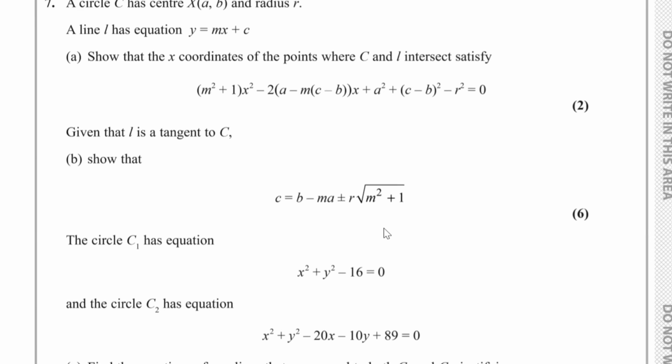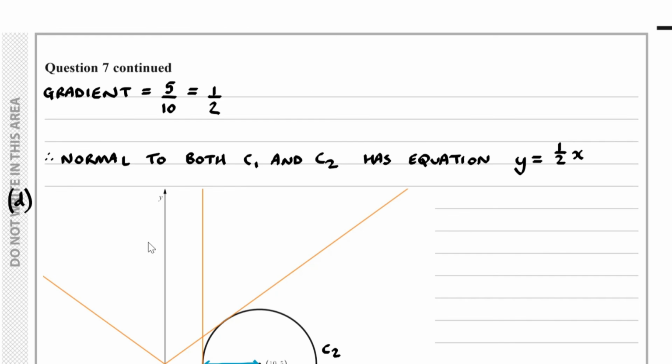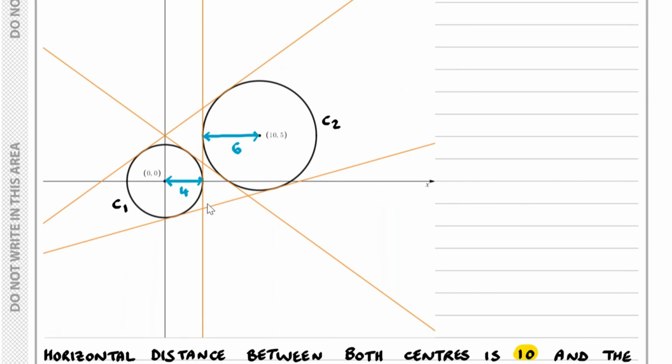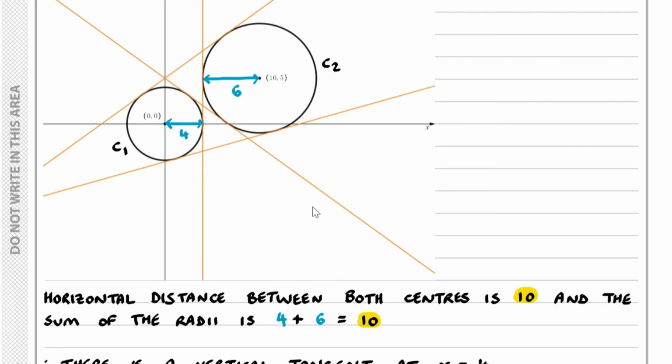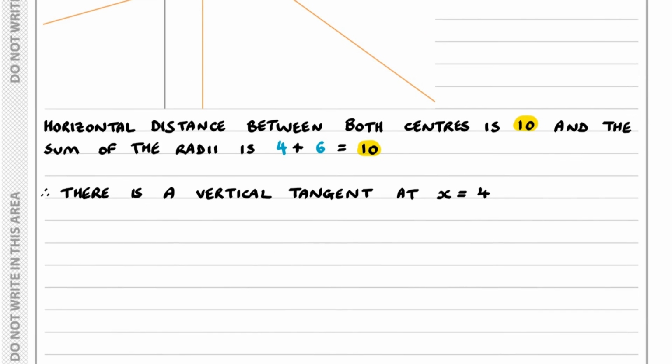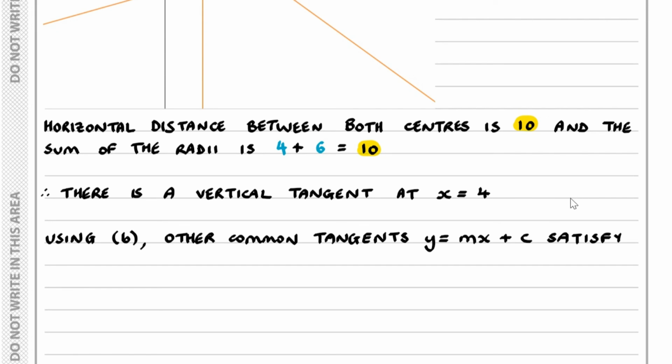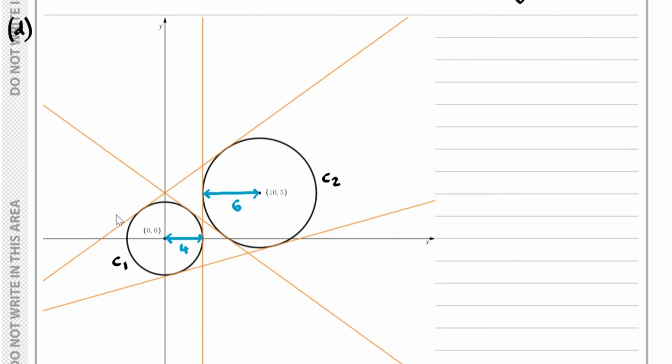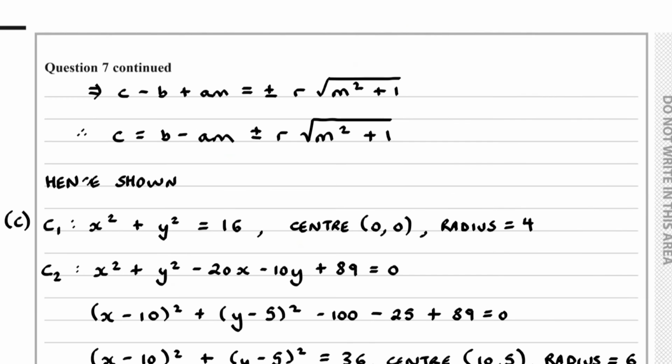And so the tangents we see described by this diagram will satisfy those equations that we found in part B. So using B, the other common tangents y equals mx plus c would satisfy c equals, well, one curve has a centre at the origin, which means that A is 0 and B is 0, and we know that the radius in that situation is 4.